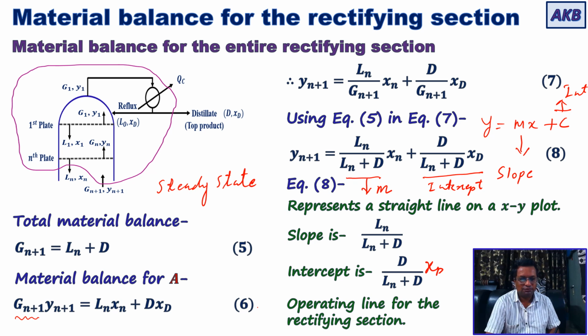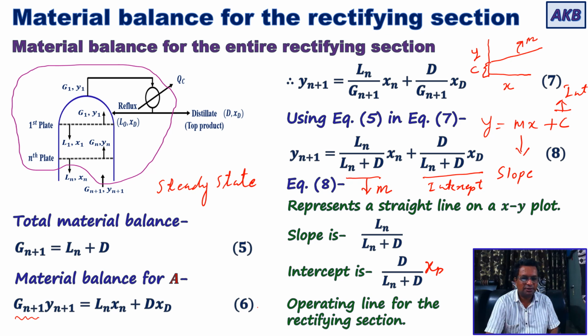So if you have to know how the line will look, if you are plotting y versus x, you'll be getting a straight line and slope will be m for this line, and intercept made by this line on the y-axis will be c.